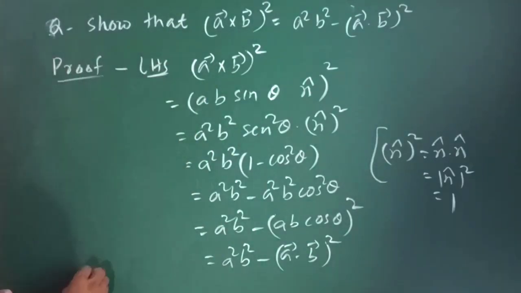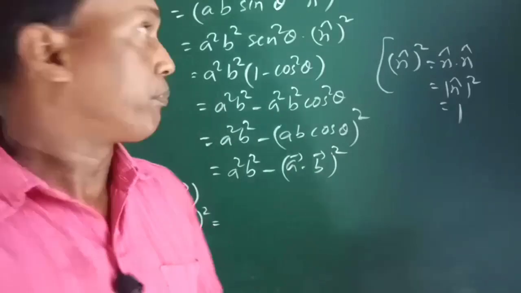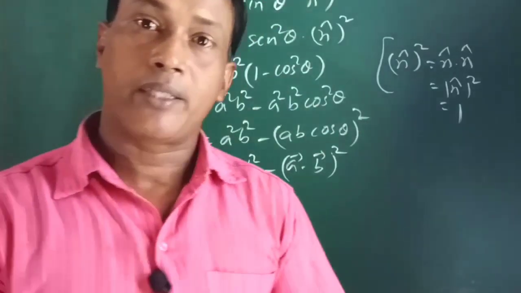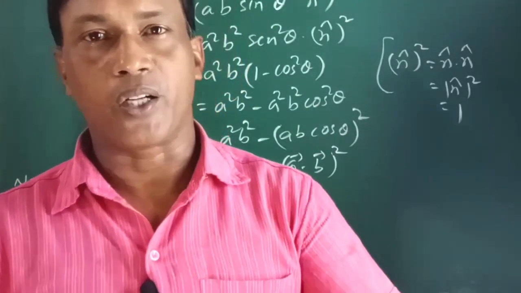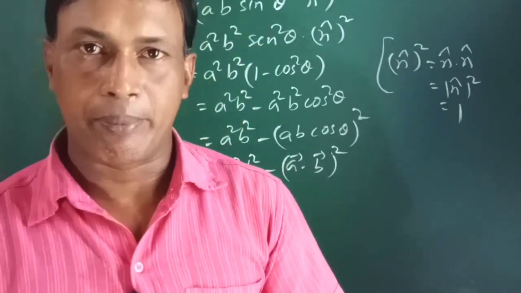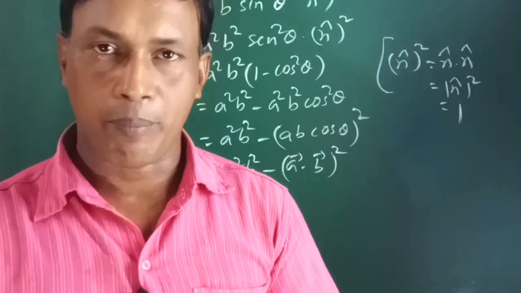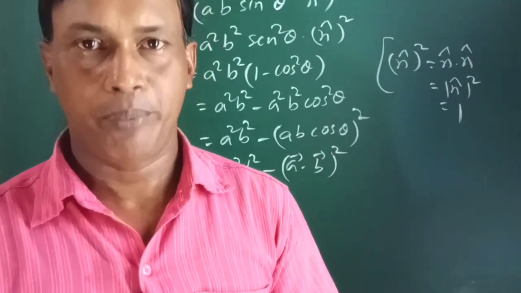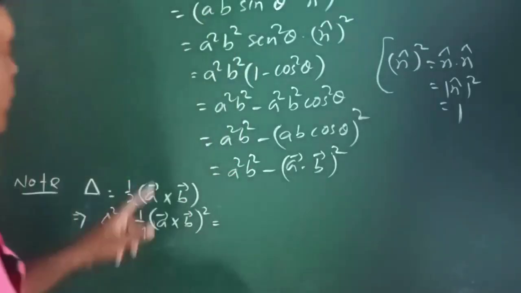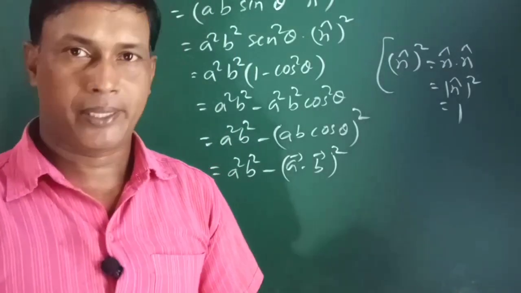Now I want to add something here. Applying this property, we can define the area of a triangle in some other way. We know if two sides of a triangle are given as A vector and B vector, then the area of the triangle is half of the magnitude of A cross B. Now look here. Suppose A vector and B vector are two sides of triangle ABC.